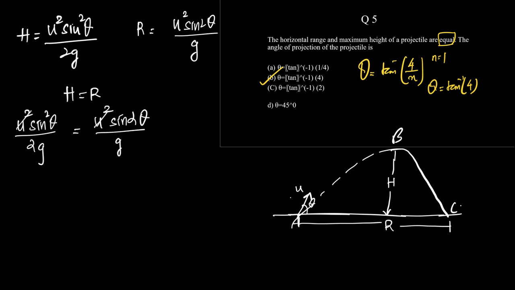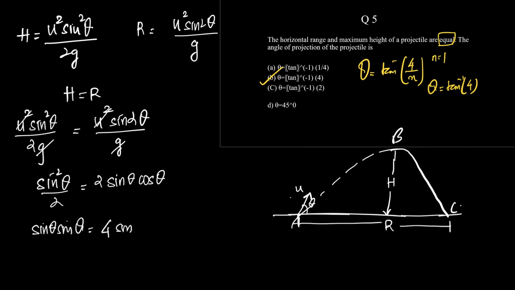So u square by u square is 1, g by g is 1. So what we get is sine square theta by 2 is equal to, what is sine 2 theta? It is 2 sine theta cos theta, which means sine theta into sine theta is equal to 4 times sine theta cos theta. Sine theta by sine theta is 1.